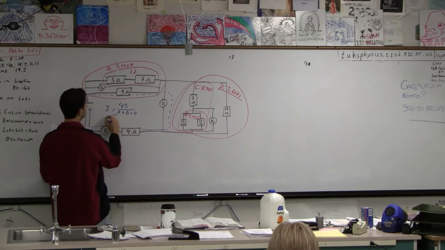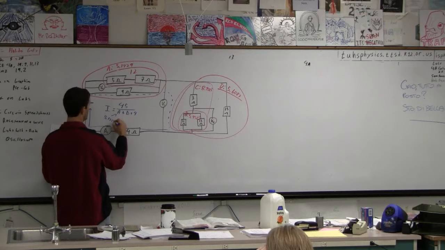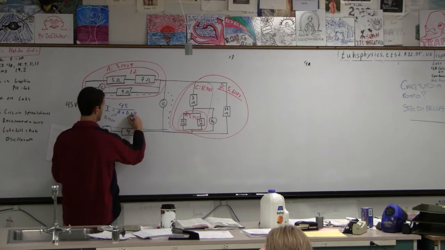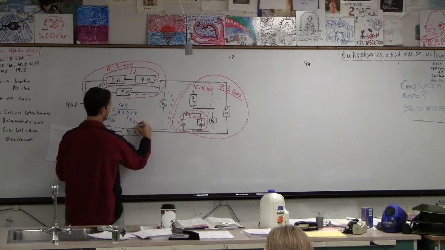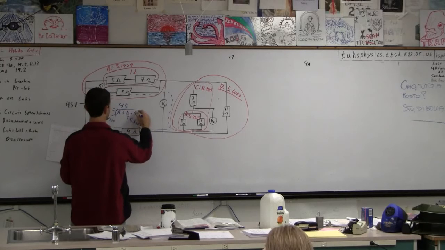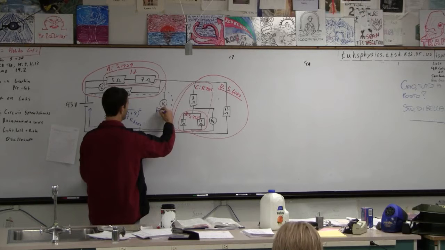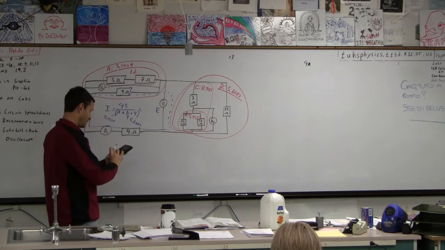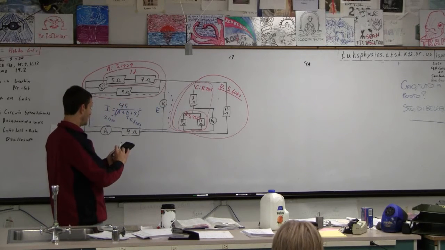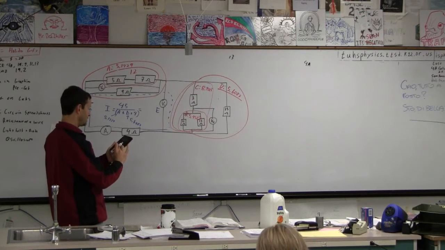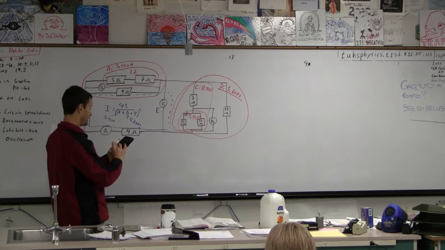A is 5.1429. D is 5.6087. I guess I'm going to store this in E. Okay. 45 divided by alpha A plus alpha D plus 4.